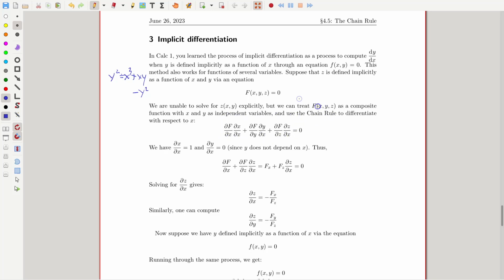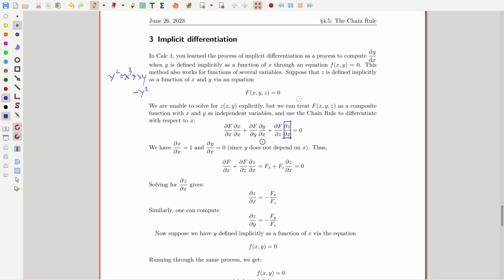F is a function of x, y, and z, and x, y, and z, we're going to take derivatives of them with respect to x, and then we have something nice showing up. So what happens is, in this case, we're trying to solve for this guy. We're trying to solve for dz dx.